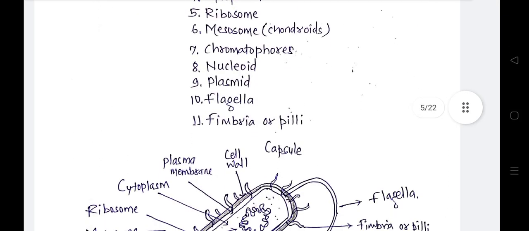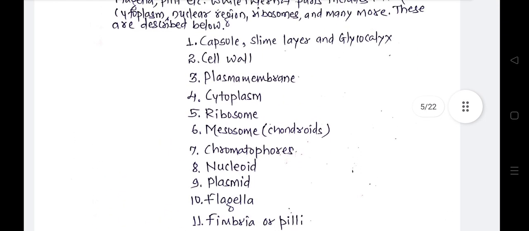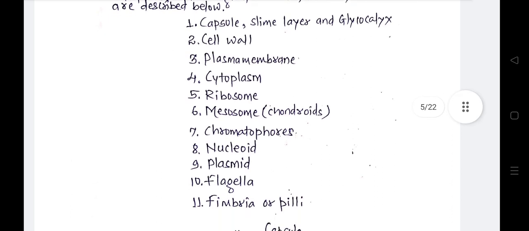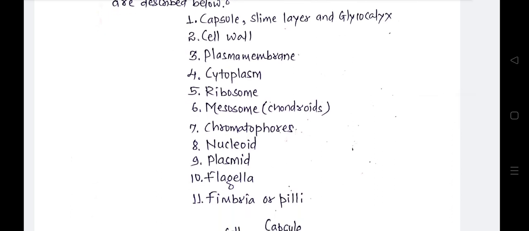So usually the bacterial cells are unicellular. A typical bacterial cell shows some external and internal components.